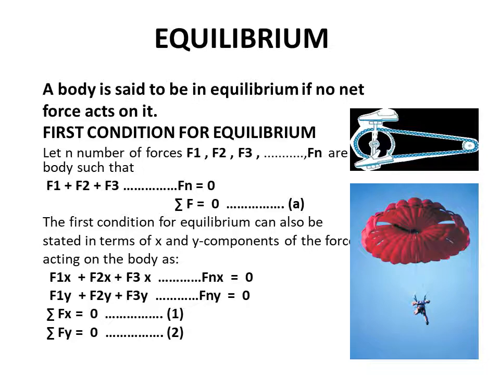Sigma Fx is equal to 0 and similarly sigma Fy is equal to 0. In both cases, the sum of all forces acting on the body along the x-axis and y-axis is 0.